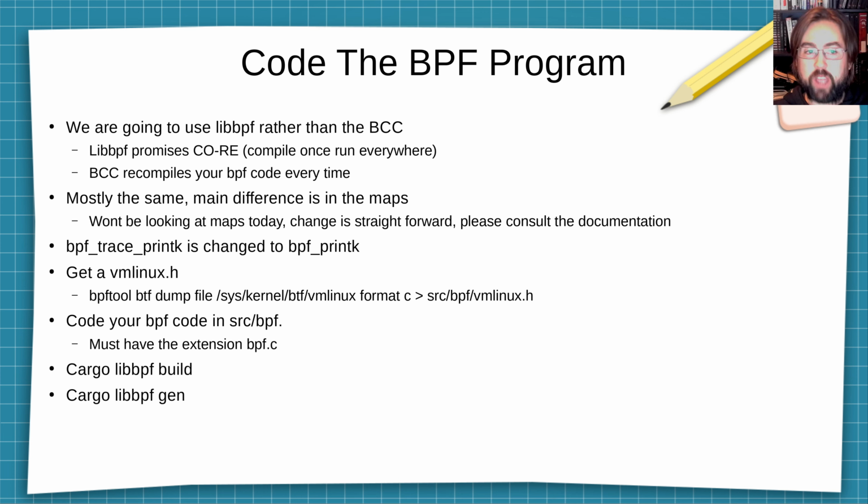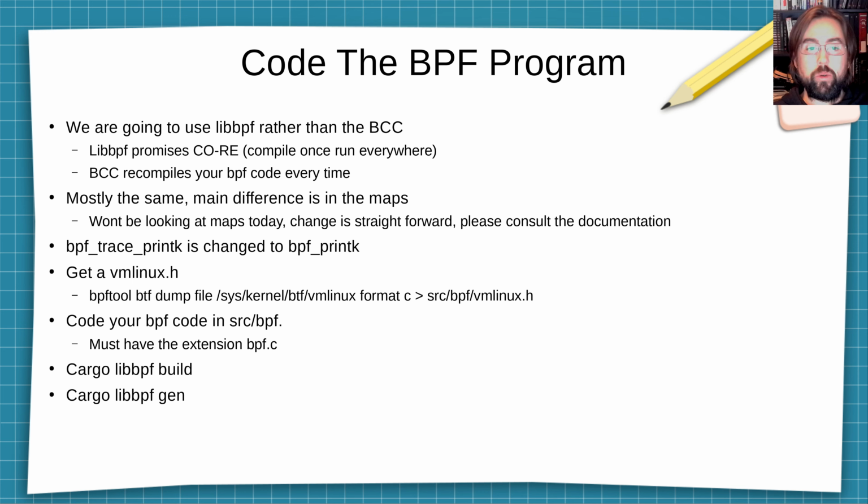So one of the first things that you need to do in order to use BTF is that you have to dump the BPF structures from your vmlinux into a header file called vmlinux.h.